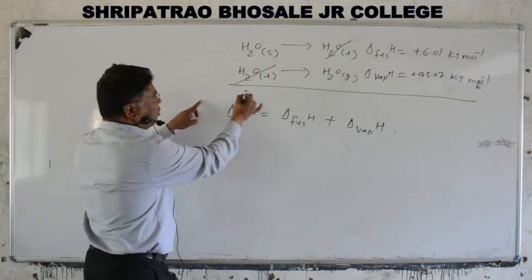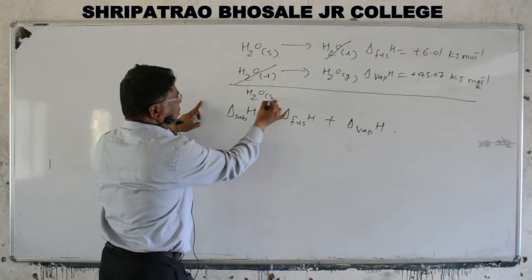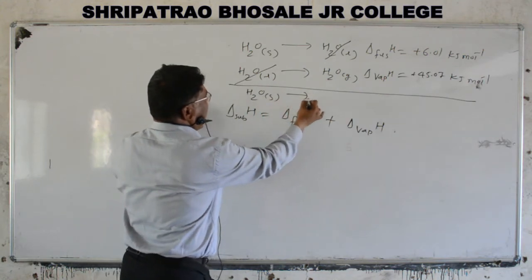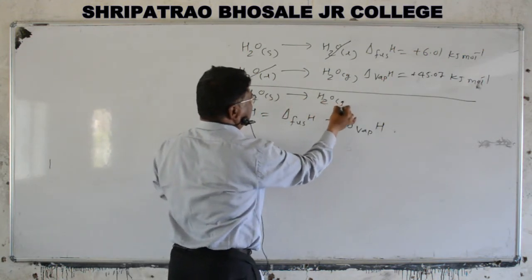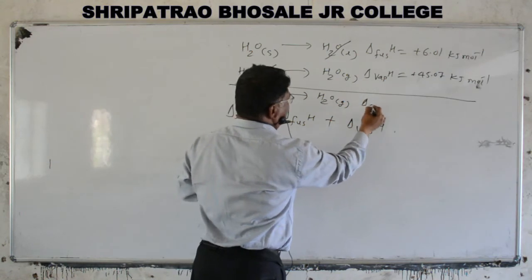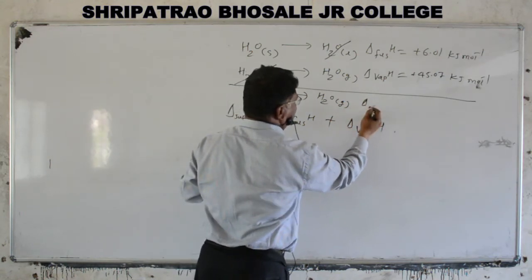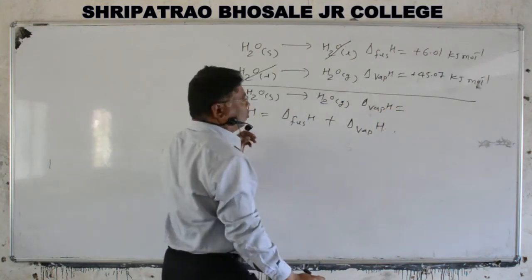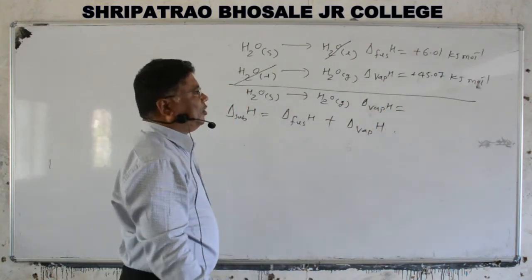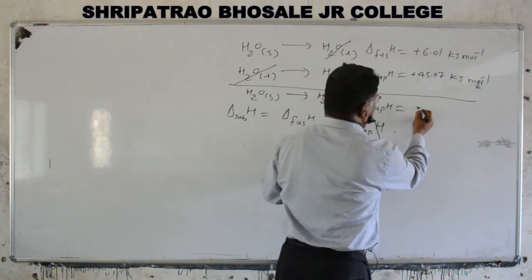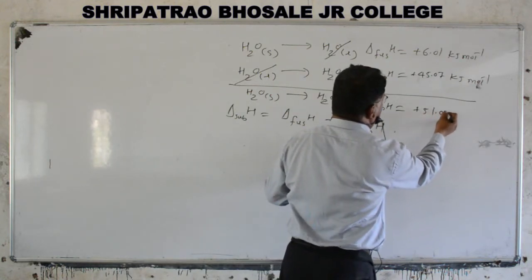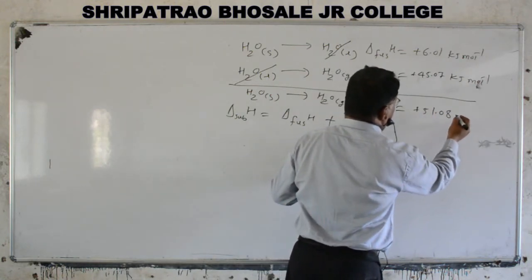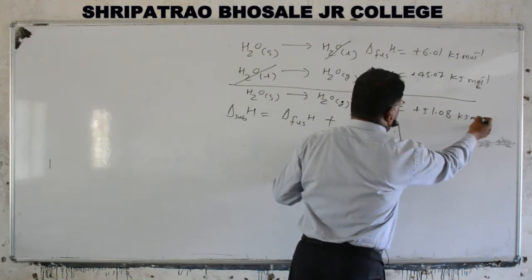What remains? H2O solid gives H2O gas, and delta H vaporization is equal to 51.08 kilojoule per mole.